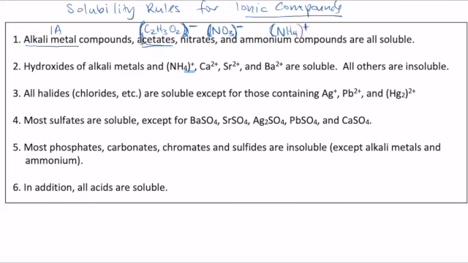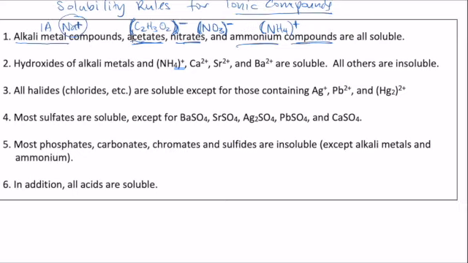So when you have the alkali metal, let's say for example I'll write Na plus, or if you have an acetate or a nitrate or ammonium as part of the ionic compound. You only have to have part of the ionic compound. This could be the cation in this case, or it could be the polyatomic anion in this case, or just the ammonium cation in this case.